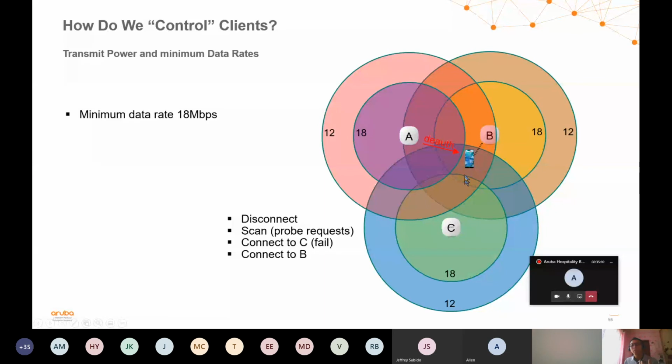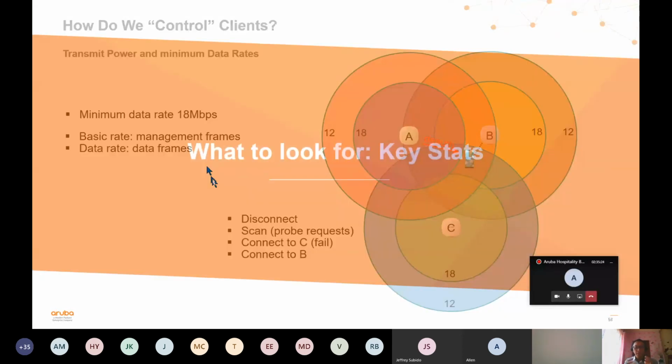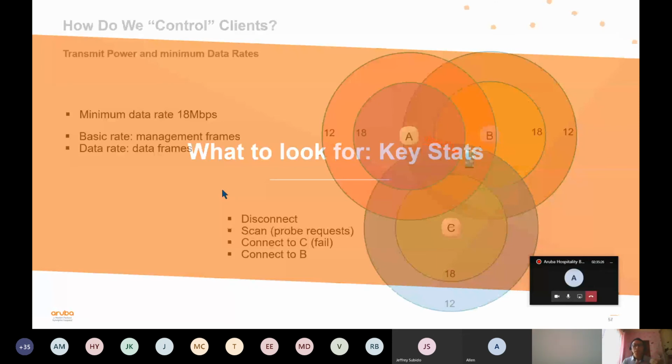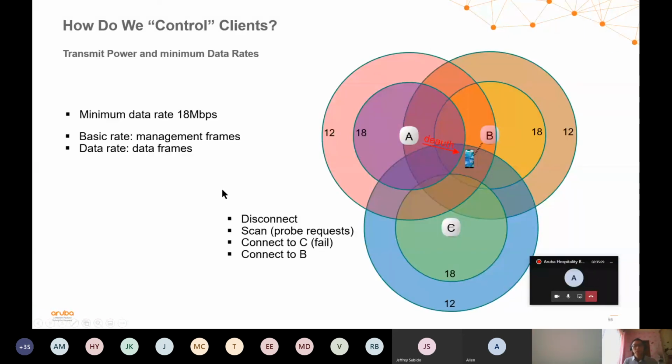And then the client will be forced to connect to B. So this management of the minimum data rate on the management frame and on the data frame is what is going to help you with limiting the cell size, enabling better connection with the client, and encouraging roaming. So these are the different techniques that are used.